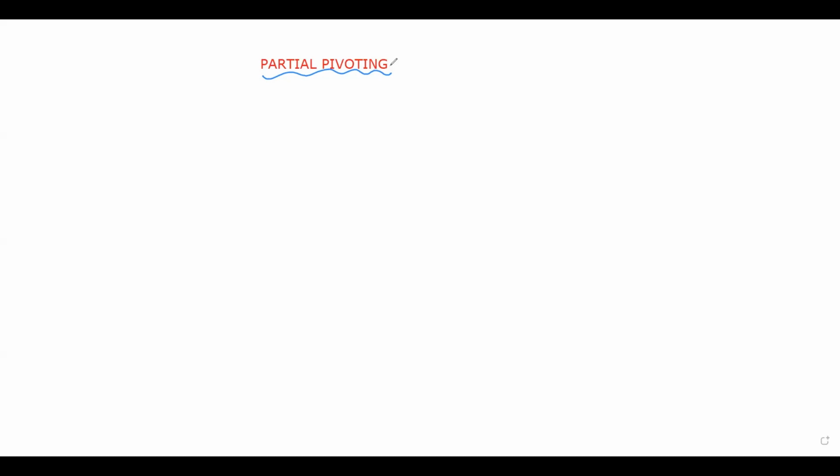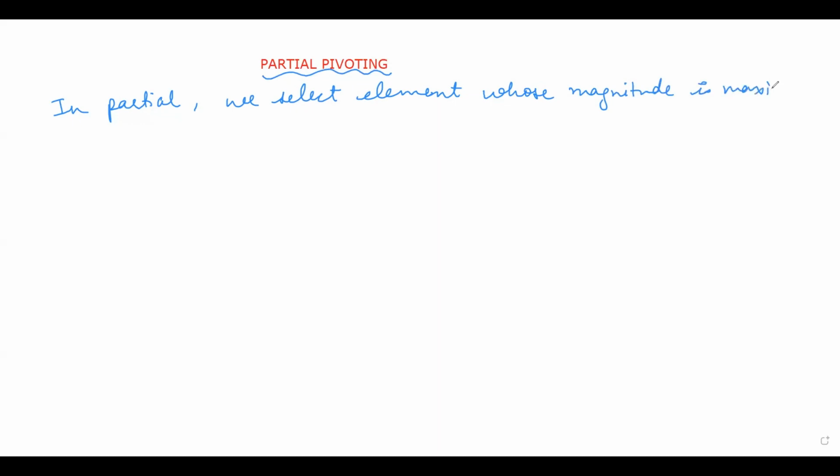In partial pivoting, we select the element whose magnitude is maximum. Maximum means we are talking about the absolute value. So the absolute value is maximum.